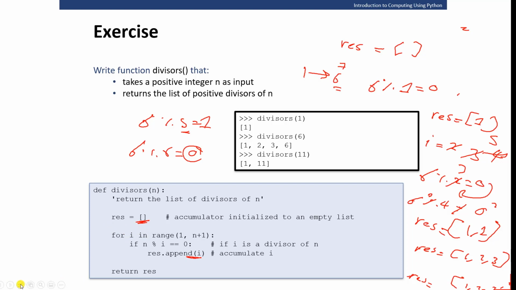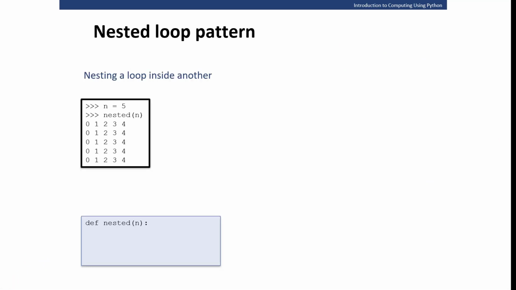All right, so let's move to another loop pattern called the nested loop pattern. Let's suppose that we have a function called nested, which takes a positive integer and prints 5 lines, in which each line is iterated from 0 to n minus 1.